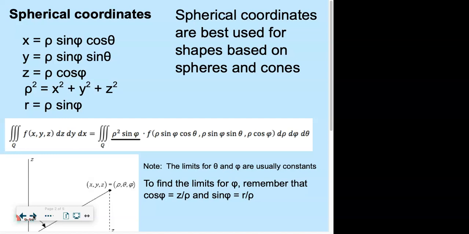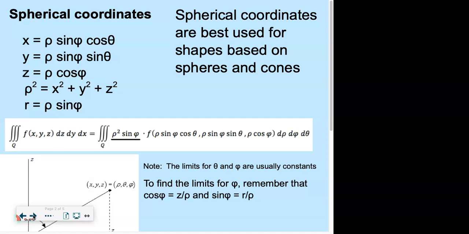If you know r equals rho sine phi, then you can get your x and y, because x is r cosine theta and y is r sine theta. So as long as you know that r is rho sine phi, you've got the x and the y.